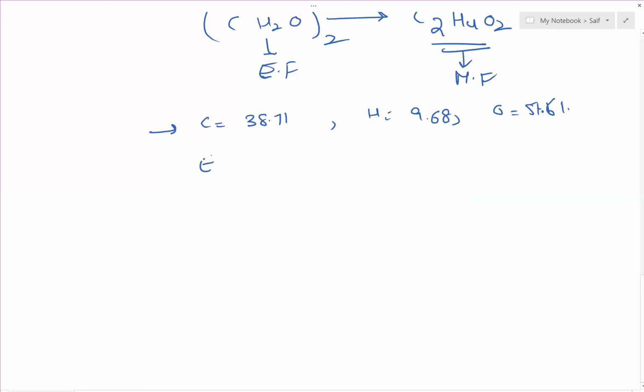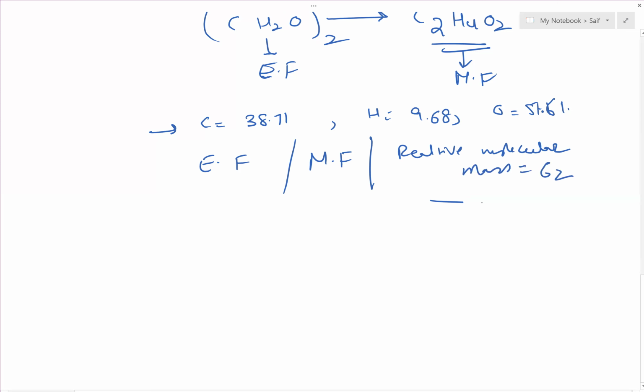You have to find the empirical formula. You have to find the molecular formula when the relative molecular mass is given as 62. Just try it fast, then we will move on to the next.